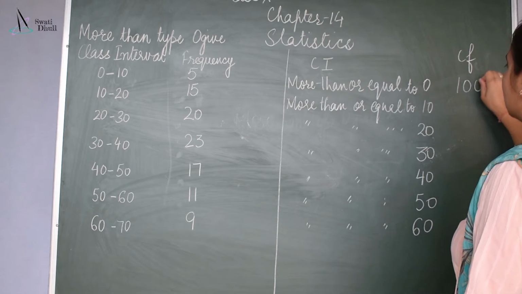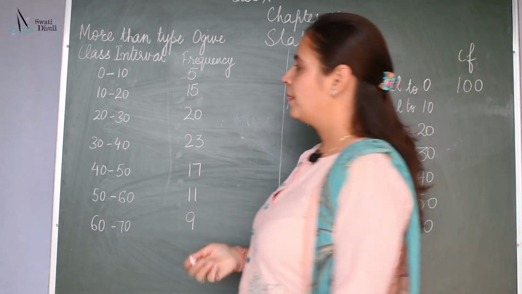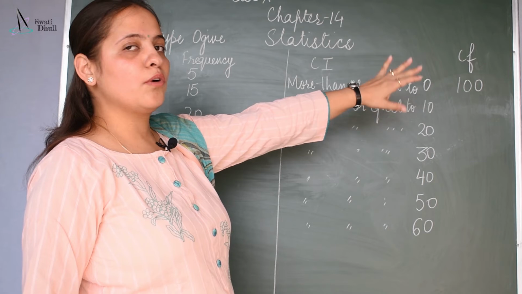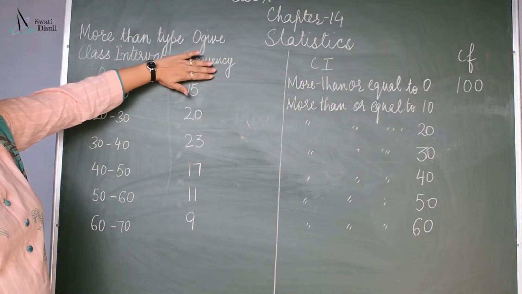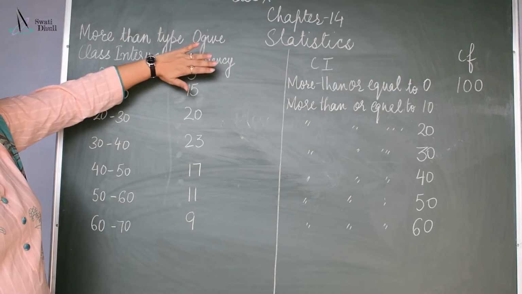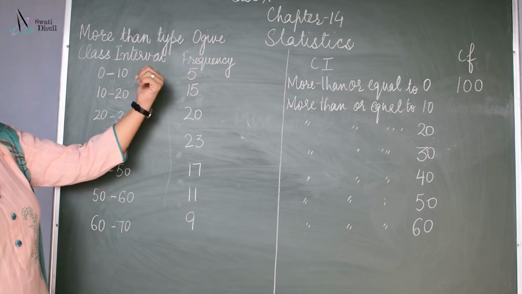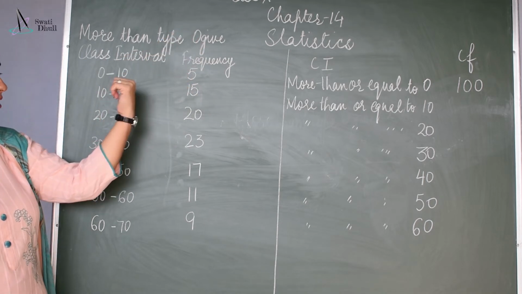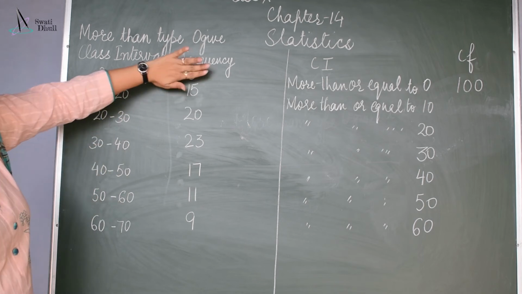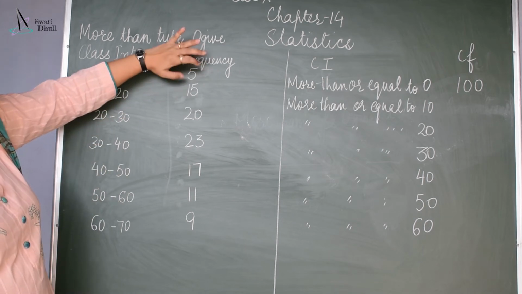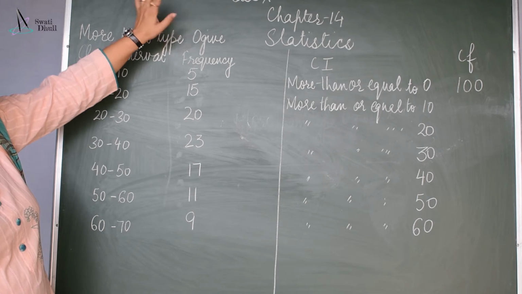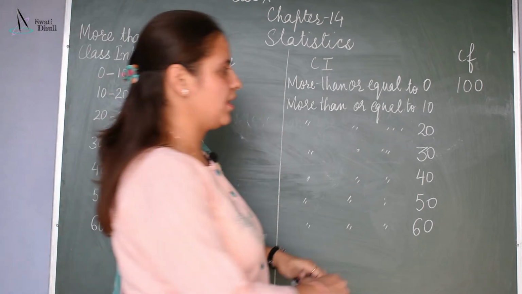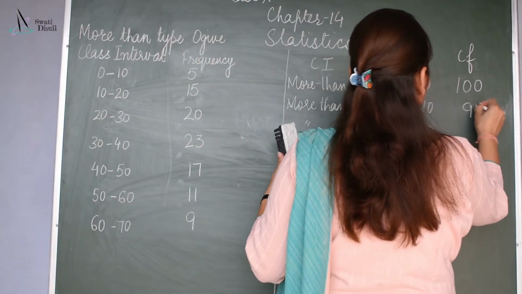So your first CF is 100. Now more than or equal to 10. So this class interval will be eliminated because it is less than 10. So we will take the values from here. So we will eliminate this 5. So 100 minus 5 is 95.